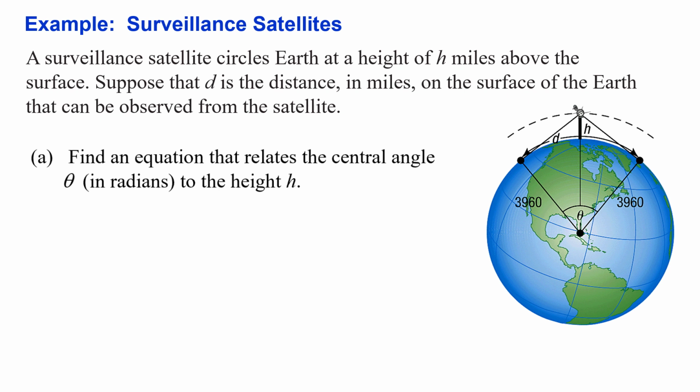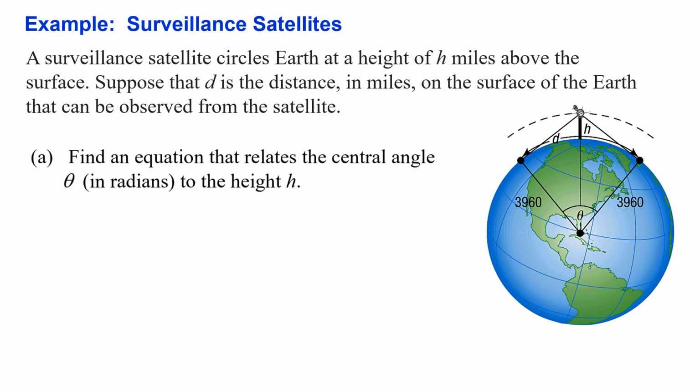The initial and terminal sides of theta are represented by the radius of Earth, which has a length of 3,960 miles. A bisector of theta is drawn from the center of Earth to the surface, cutting the arc of length d in half, and the bisector is extended up to the orbiting satellite that is a distance h above the surface of Earth.